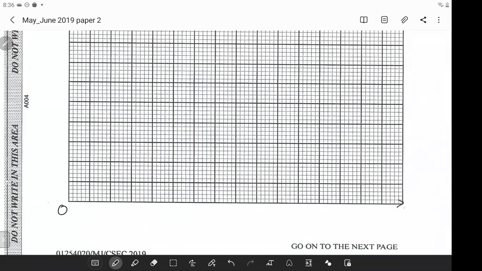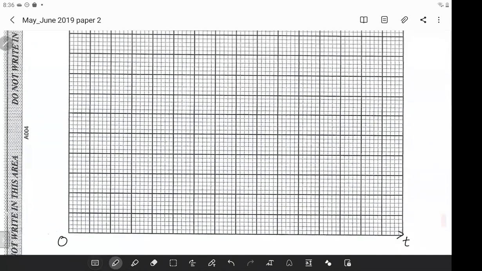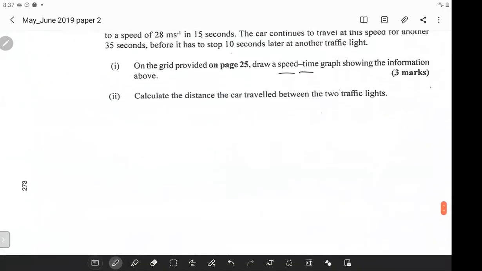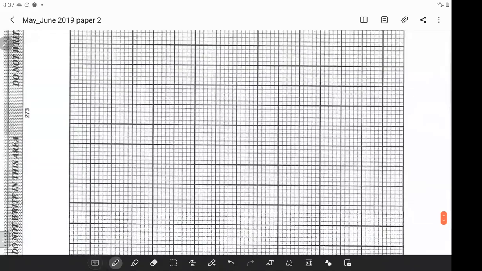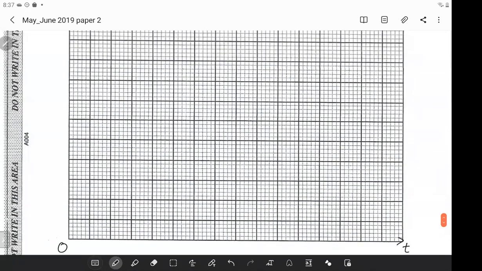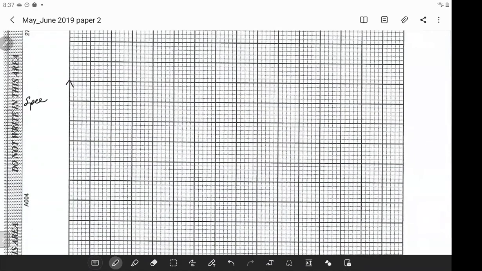All right, we can start here and say this is our time axis. They say they want a speed time graph. All right, a speed time graph. So speed is on the y, and let's just use this piece here. Speed is on the y, of course, in meters per second, and this here is in seconds.